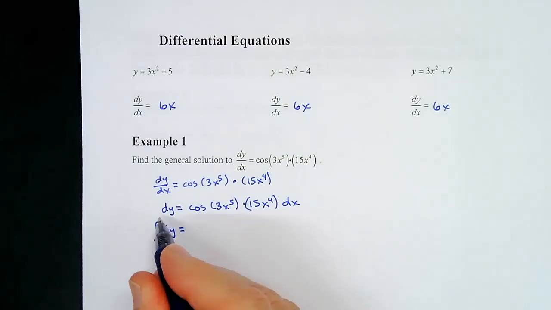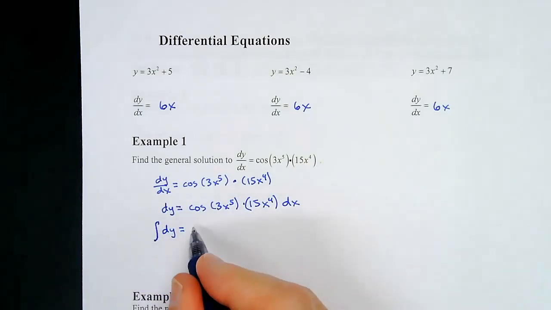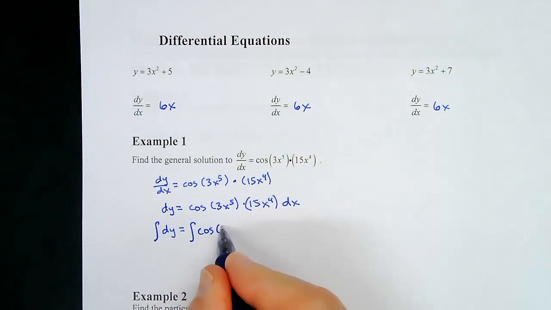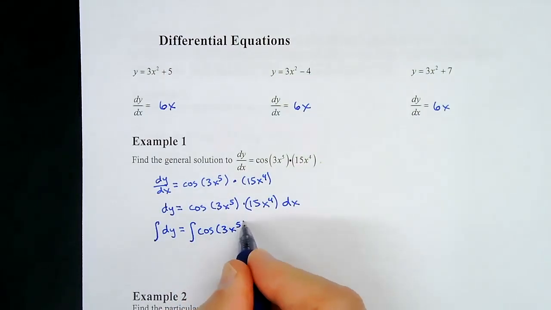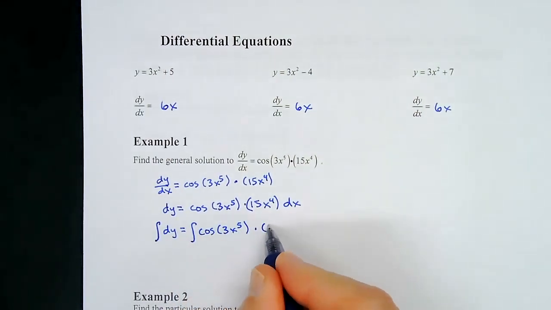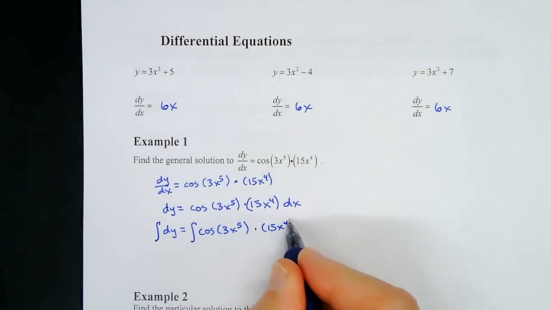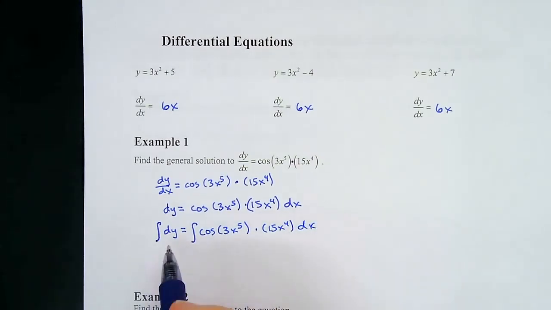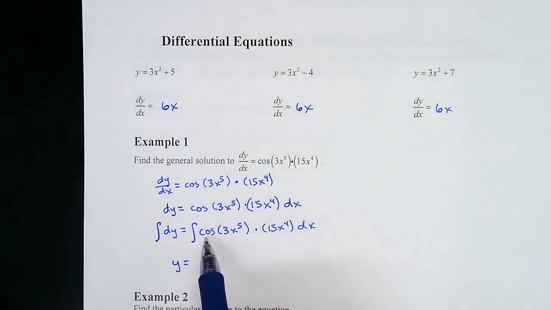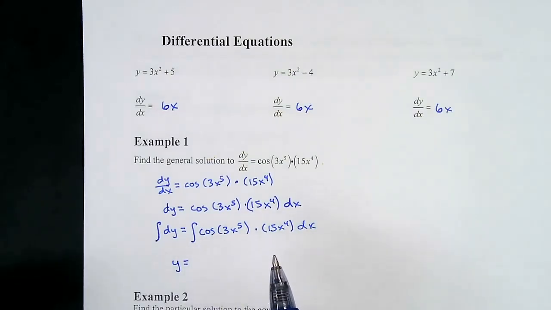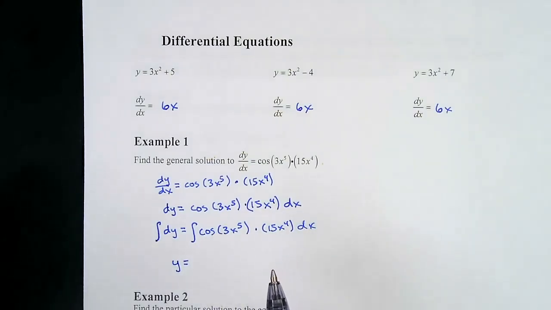And remember, this is an indefinite integral, which means antiderivative. This is the integral of cosine of 3x to the fifth times 15x to the fourth dx. When we integrate dy, we wind up with y. And we have to think, we've got a derivative that's cosine, so what function could we take the derivative of and get cosine?